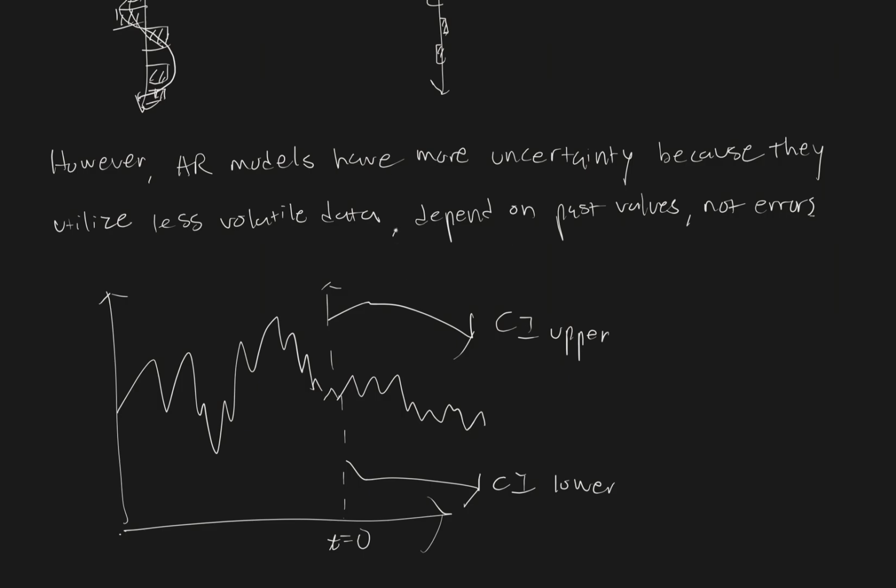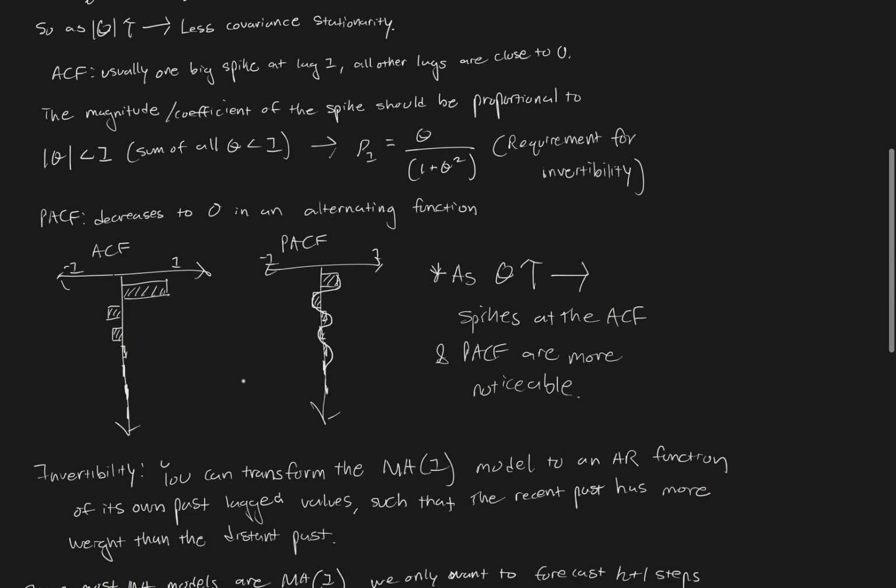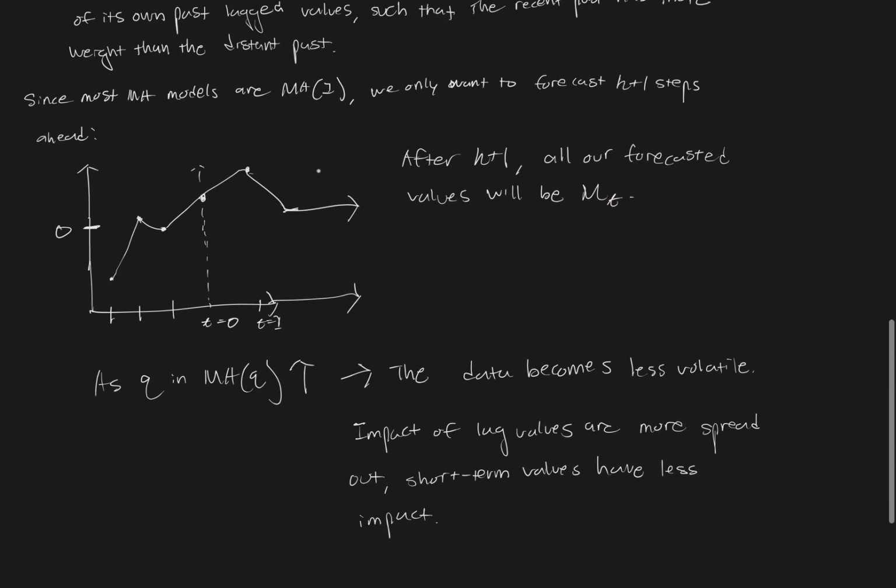Like the MA model, they are very mean reverting, so we know that they're going to be closer to the mean, whereas AR models, because they are more fluctuational, I'm not sure if that's a word, because they have higher correlation and more noticeable trends, we have very high confidence intervals because we're less certain on where the forecasted values are going to move compared to the MA model, where we know that they're going to be around the mean.